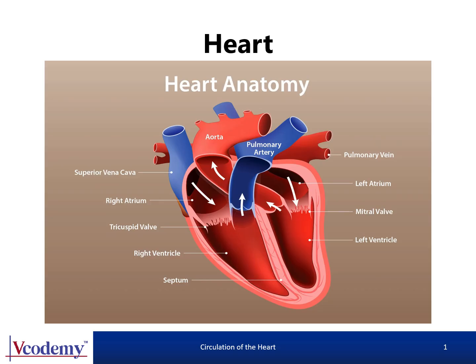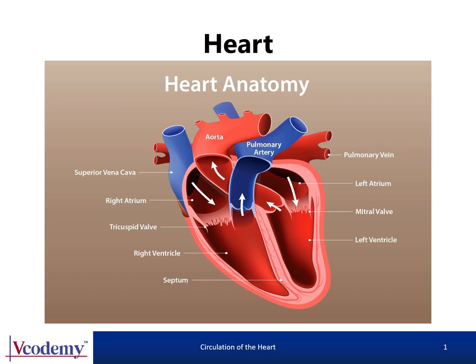So from the right ventricle, the blood is pumped into the pulmonary artery, which takes the blood to the lungs. And this is the septum, the muscular wall separating the left and right side of the heart.